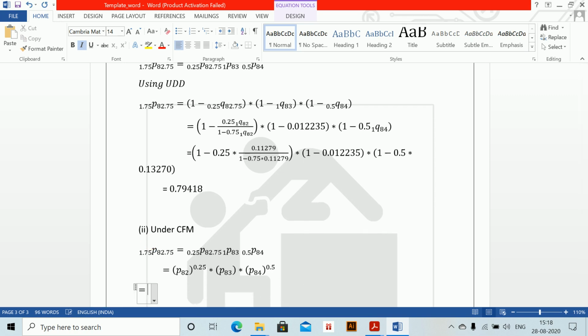So this is equals to 1 minus q underscore 82 to the power 0.25 into 1 minus q underscore 83 into 1 minus q underscore 84 to the power 0.5.